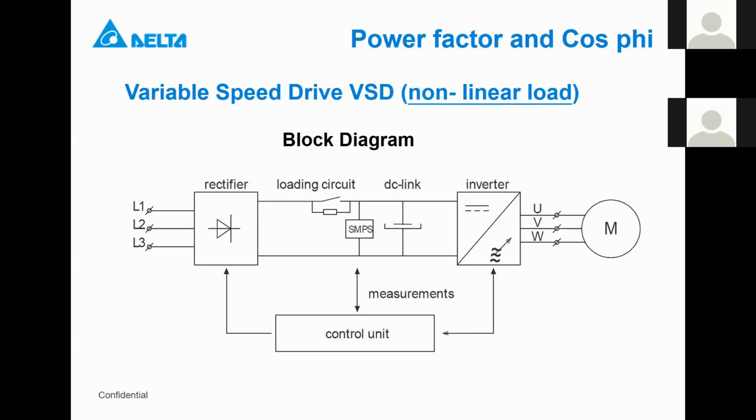And in the middle, we normally have a DC link. The signal going to the motor is a pulse width modulated DC voltage, because we still have the DC in the middle. This is controlled by the control unit. So this is a diagram for a non-linear load, and that will make the difference.